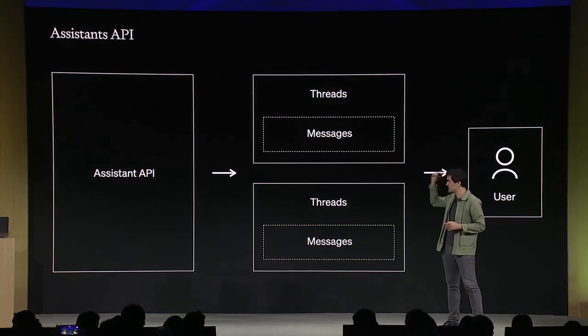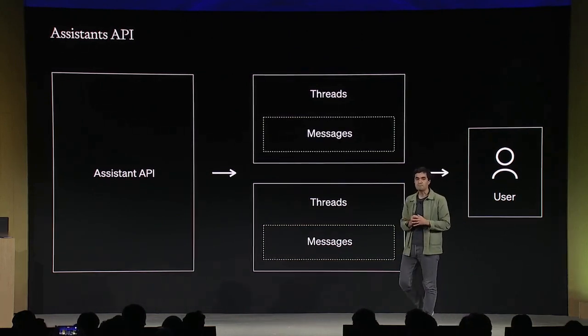Number 1 is the assistant. The assistant models instructions that you give to the model, to the assistant. And that's also where you're going to specify what models and what tools the assistant can access to perform its job. For instance, I could create an assistant whose task is to answer personal finance questions and can access code interpreter. So the first primitive is the assistant.